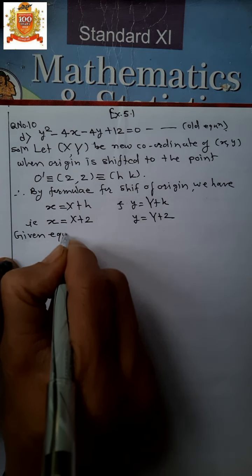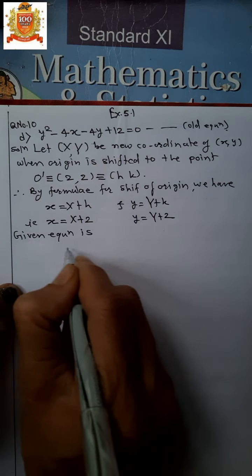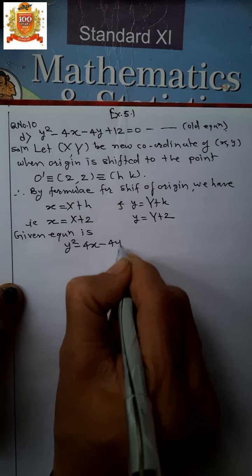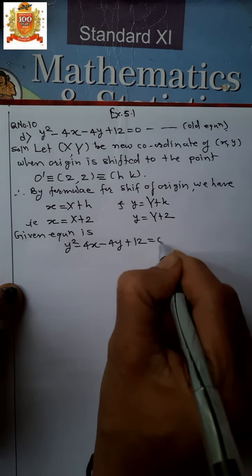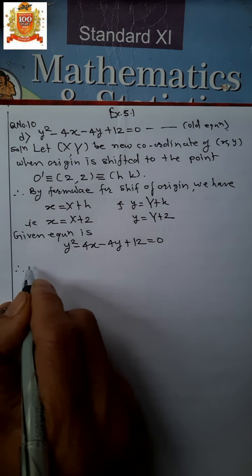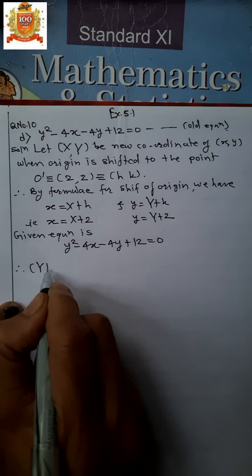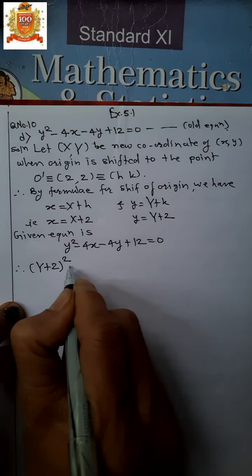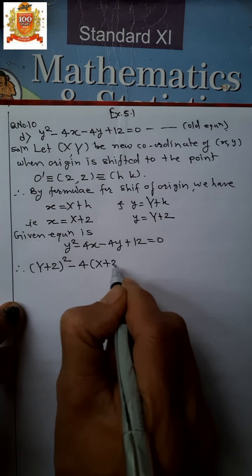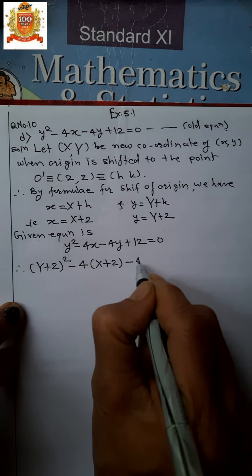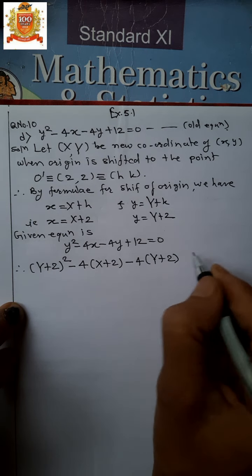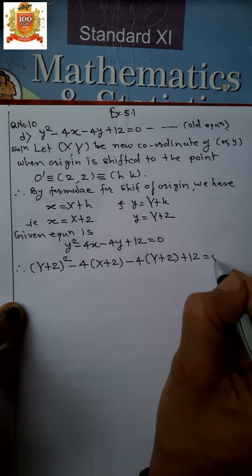The given equation is y square minus 4x minus 4y plus 12 is equal to 0. Therefore, put the values: (capital Y plus 2) whole square minus 4 times (capital X plus 2) minus 4 times (capital Y plus 2) plus 12 is equal to 0.